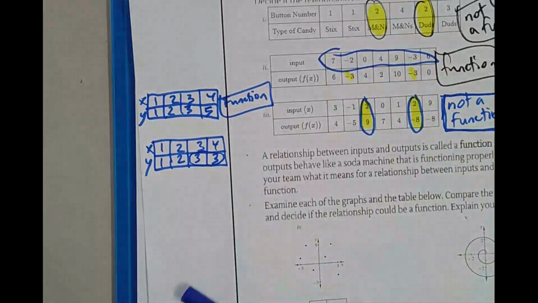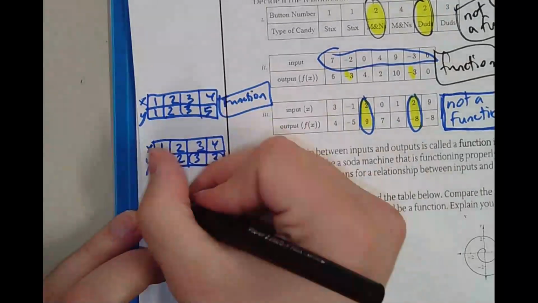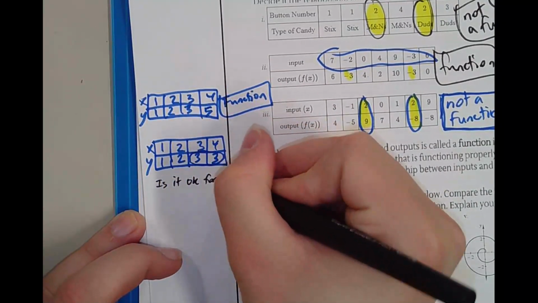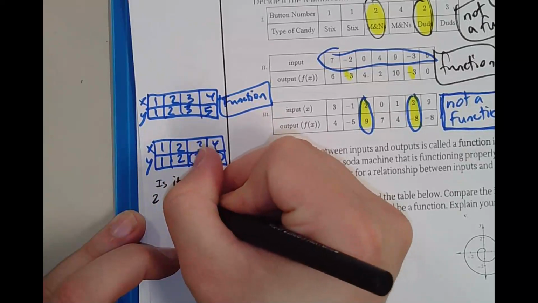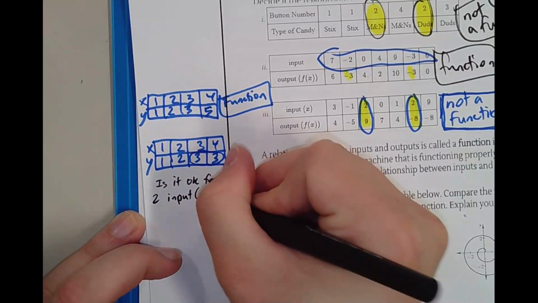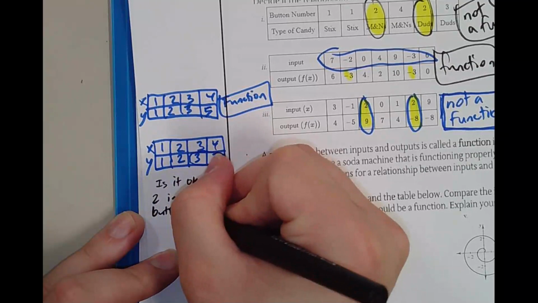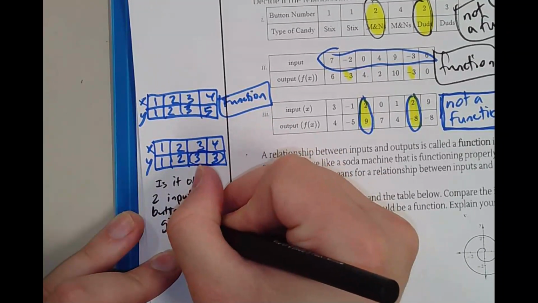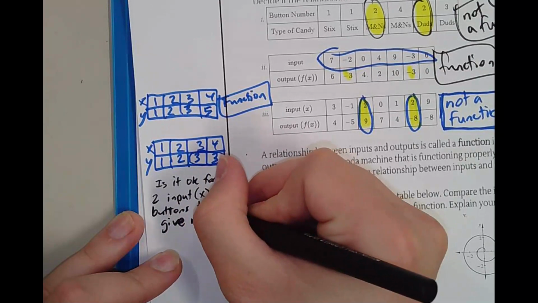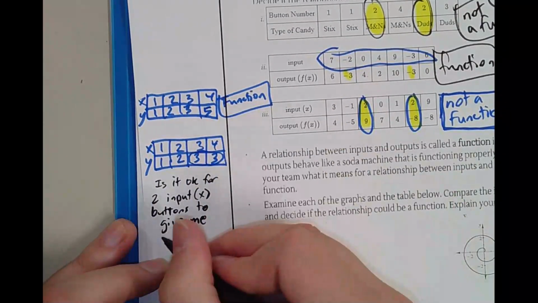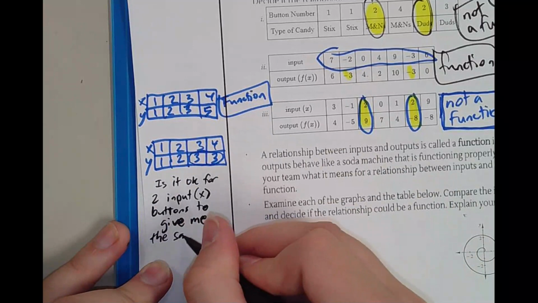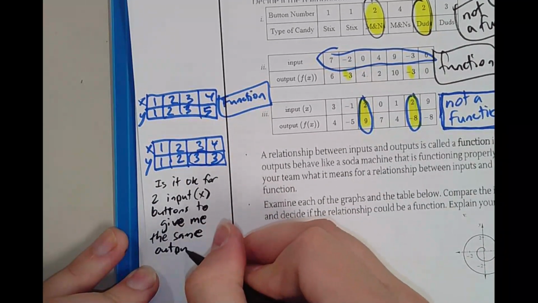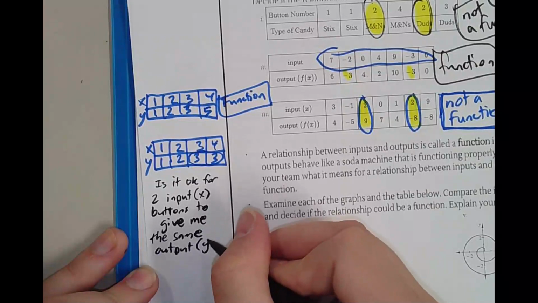I'll write that down. Is it okay for 2 inputs, X buttons, to give me the same output, which is y or f of x?